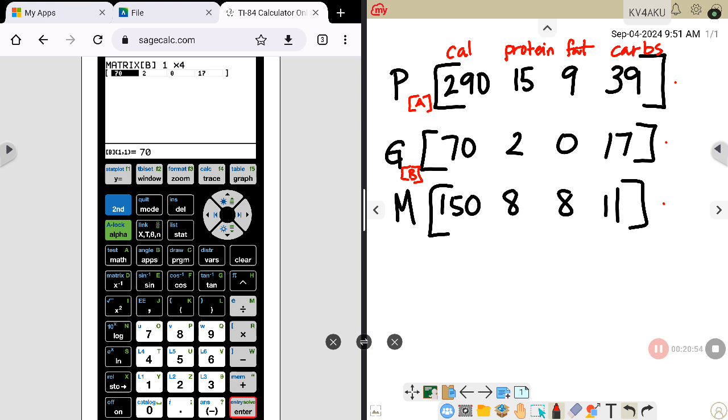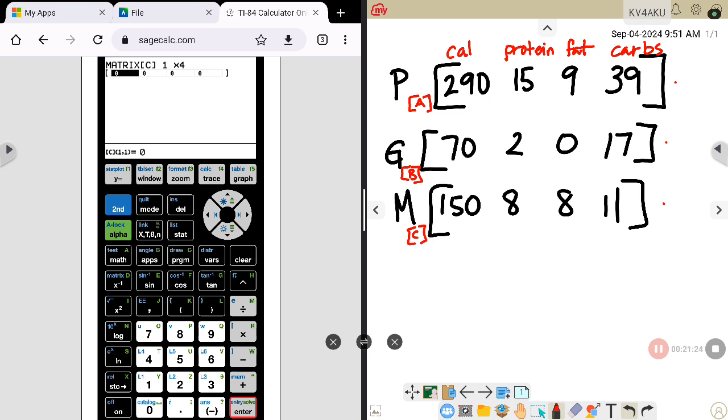And then the last one was for the cup of whole milk. So we're going to put this in our calculator in matrix C. So second matrix, go over to edit, and we're going to go down to matrix C. We need to tell it also the order, which is 1 by 4.